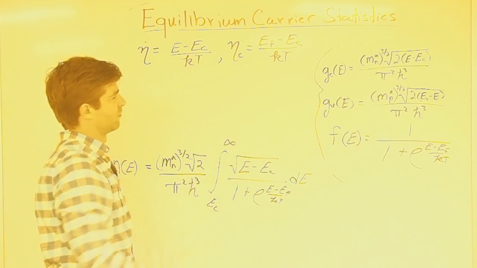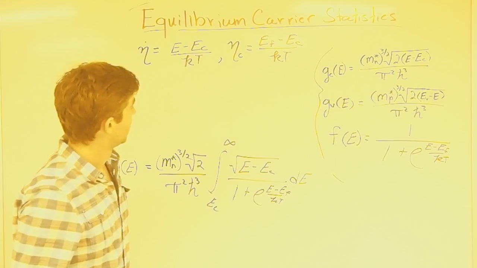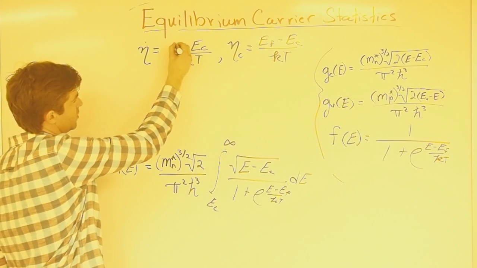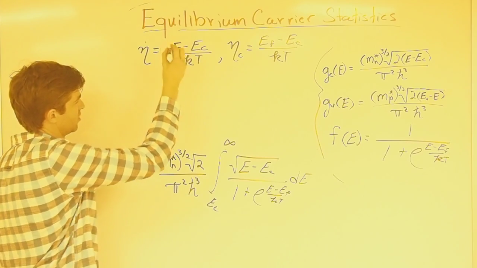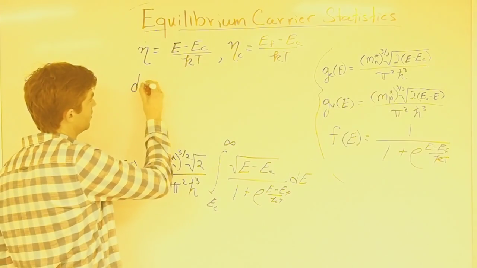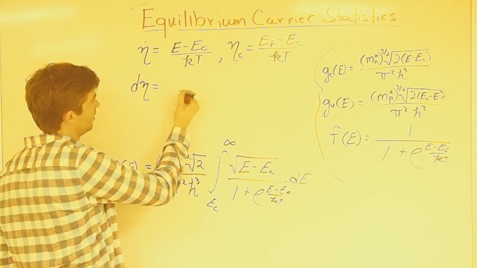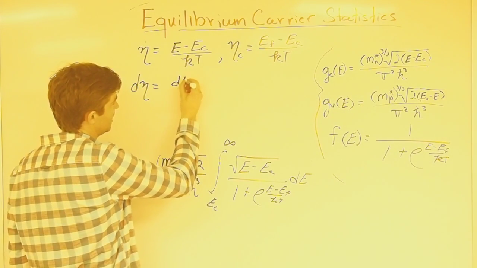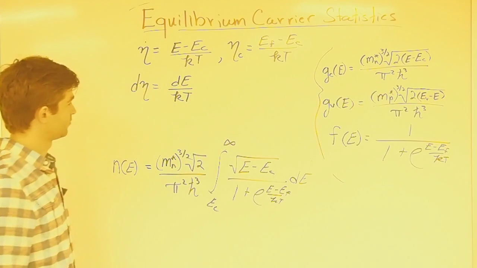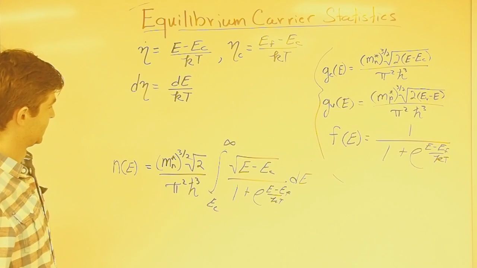It's a constant for the intrinsic carrier concentration in a semiconductor. This, however, has the variable E, which is going to change, since we're integrating with respect to E. So d eta is equal to dE over kT.